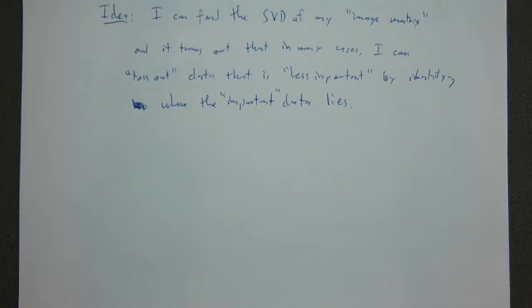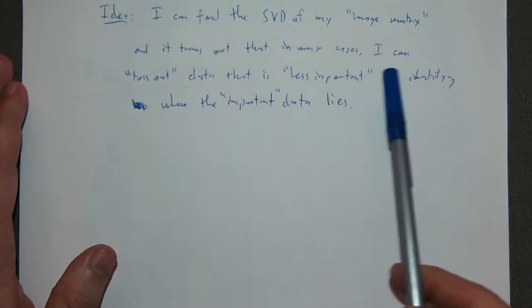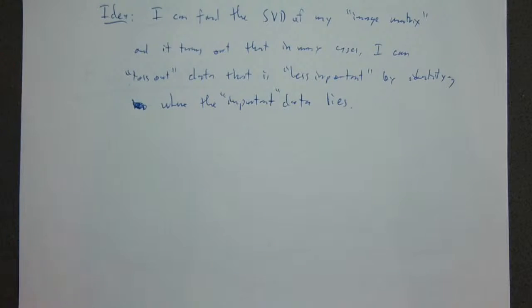So the idea here was that I could take the SVD of my image matrix, and it allows me to show which is the important data. That is, which part of this matrix contains maybe the most efficient data, and which part contains data that's maybe not as efficient. And so I could concoct an example where my singular values are kind of evenly spread out over this matrix.